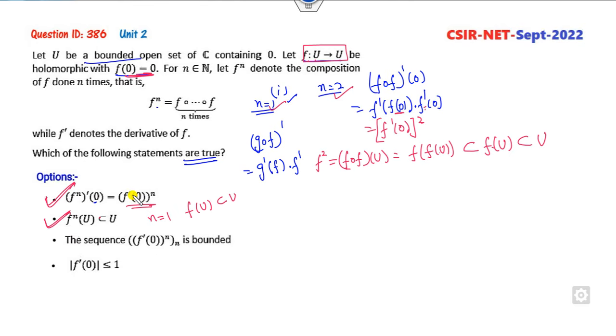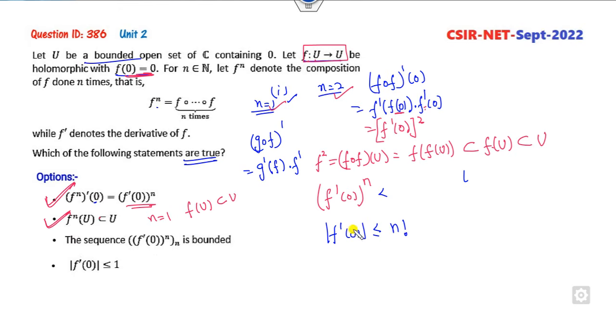How can you prove that the sequence is my bounded? That's again very simple. You can think about this f dash of 0 of n. You can apply this: this is always less than or equal to f dash, always less than n factorial.